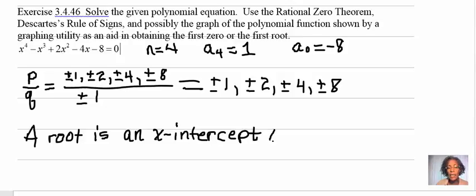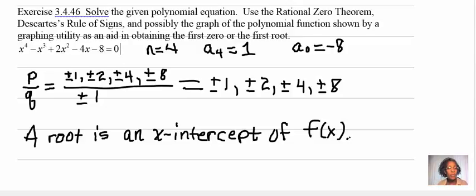So if I am trying to find zeros or roots, when I look at the graph, I'm looking for the x-coordinate of points of the graph that lie on the x-axis.